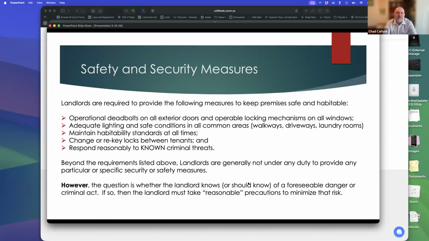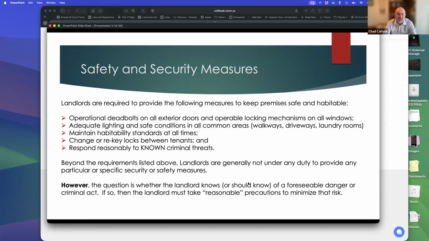A lot of leases often remind the tenants, hey, you're primarily responsible for your own safety. The landlord is not promising to provide any security measures, and if they do provide any security measures, then we're not guaranteeing that you can rely on them and be safe.